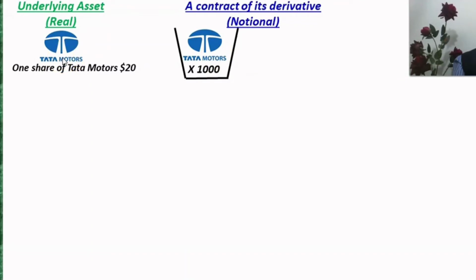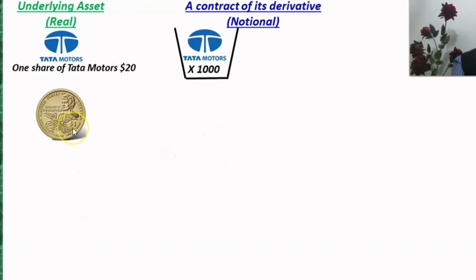Why a derivative? Because the value of this basket will depend upon the price of the Tata Motors share. If the price of the share increases, the value of this basket will increase. If the price of the share goes down, then the value of this basket will go down.